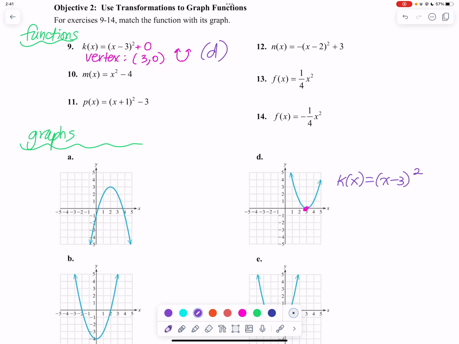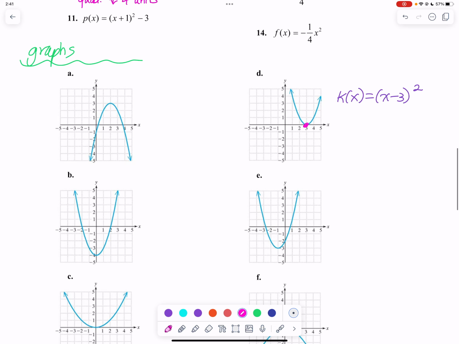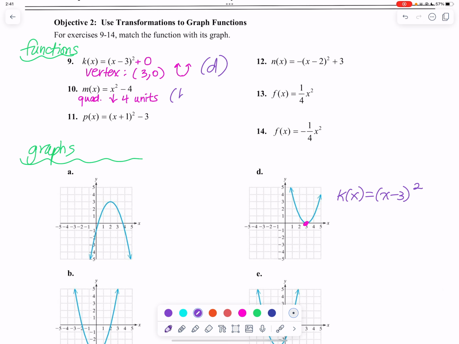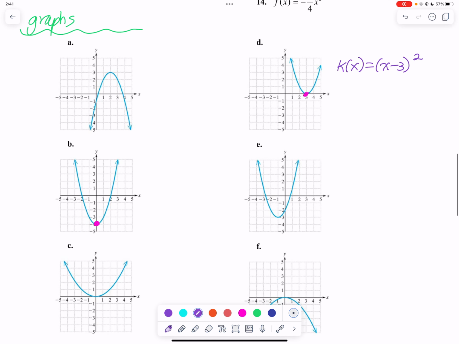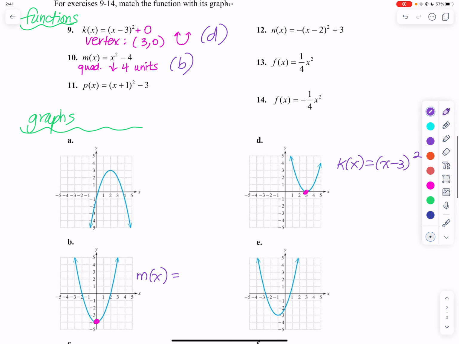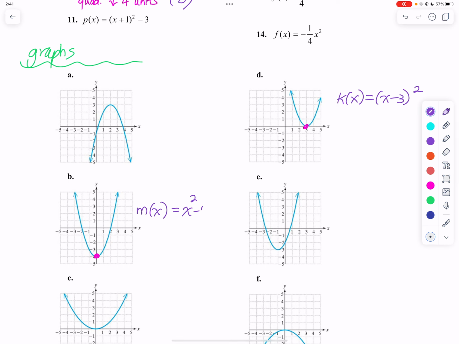Okay, let's go to number 10. What do you notice? This is shifted down. This is a quadratic function down 4 units. So it used to be centered at the origin, and now it has been shifted down 4 units. So this is B, and this is m of x equals x squared minus 4.